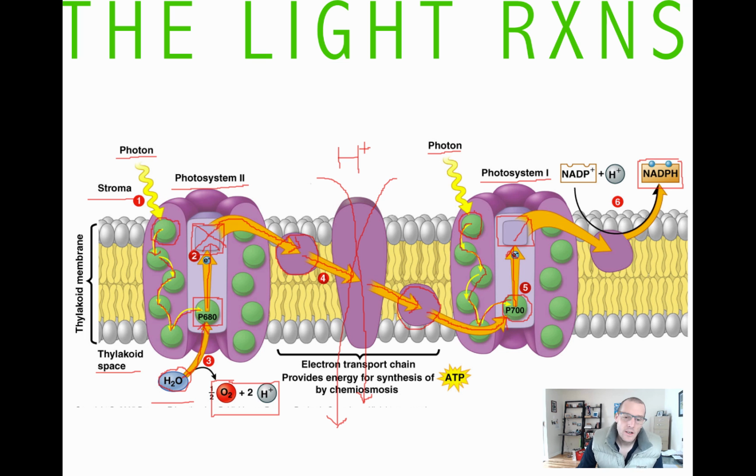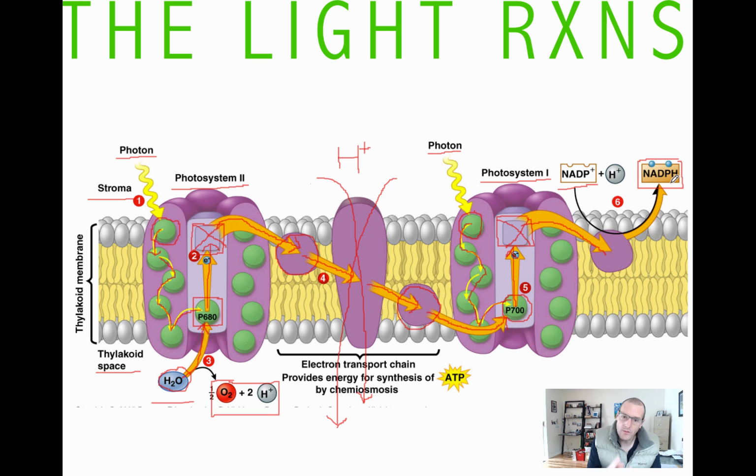So those high energy electrons, which are now up here in the primary electron acceptor, get passed into a membrane carrier protein, and ultimately they're used to convert a molecule called NADP to a molecule called NADPH. Now, NADPH is somewhat like NADH, which we talked about when we talked about cellular respiration. So NADPH, like NADH, carries high energy electrons. So that's how these photosystems work together.